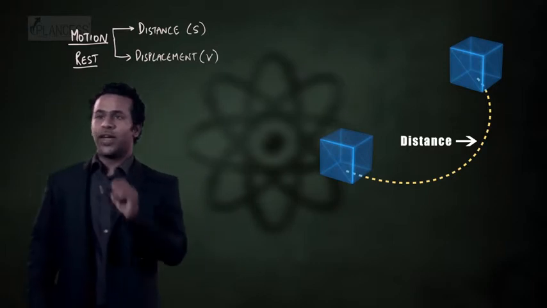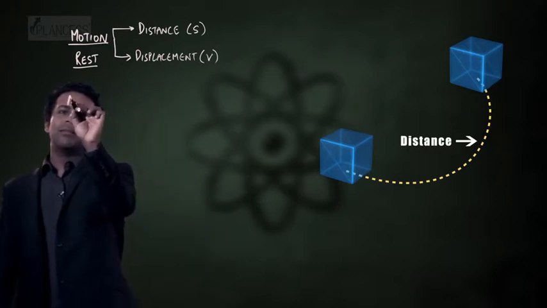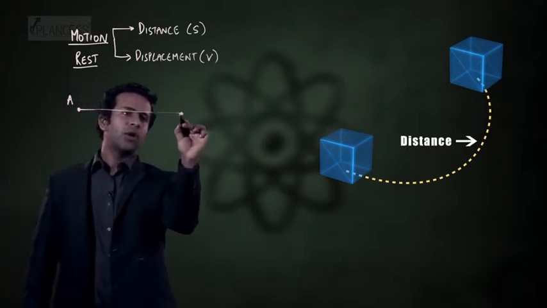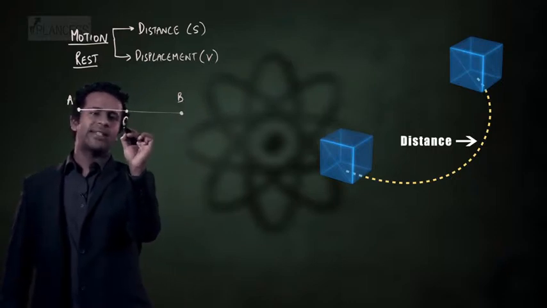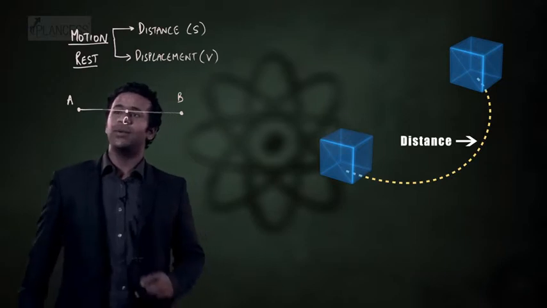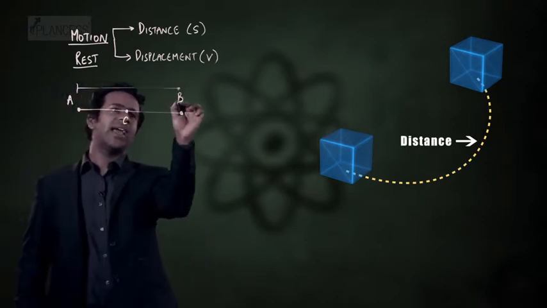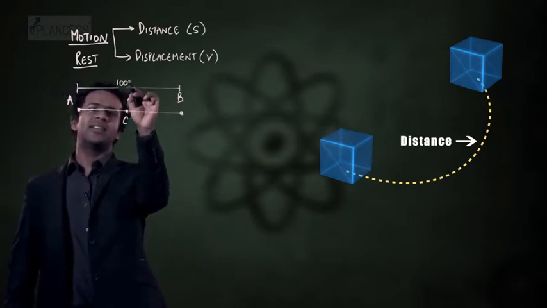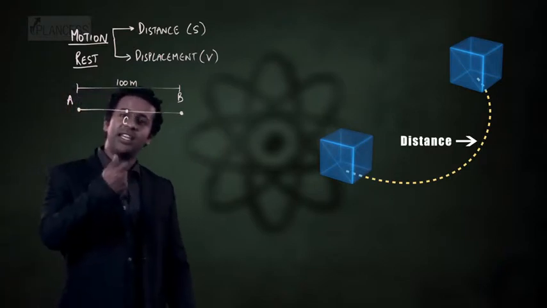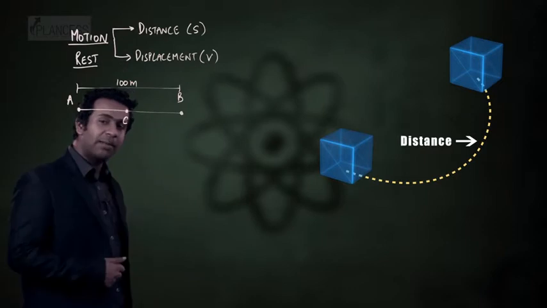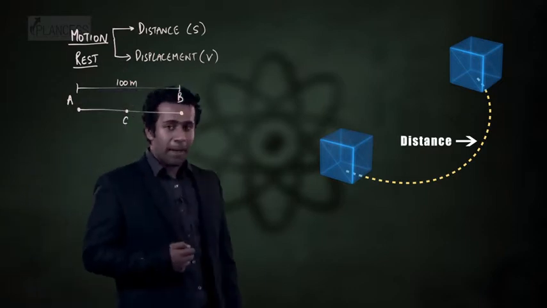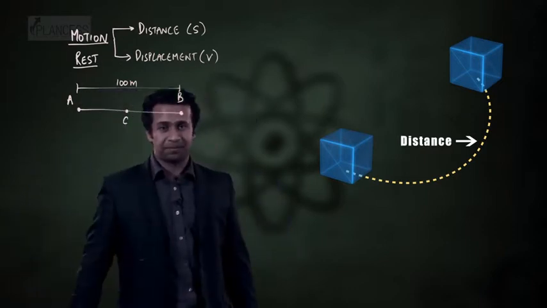Right. So if, say, a particle moves from point A, goes to point B, and then moves back to point C, and say I tell you that the distance between A and B is 100 meters and that C is the midpoint of AB, then can you tell me what is the distance covered by this particle in question?